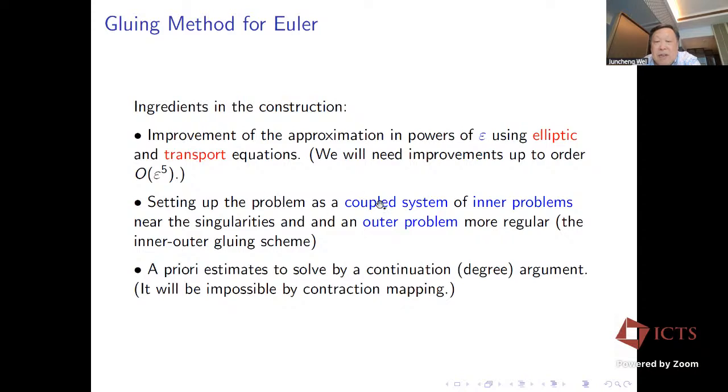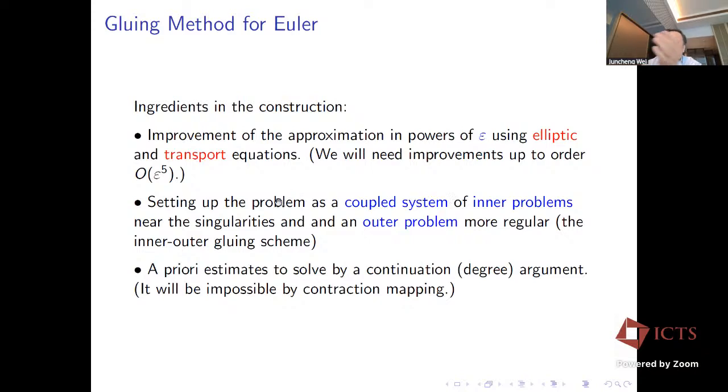The inner problem is also a transport equation, but you can treat it as an elliptic problem. But the outer problem is another transport equation. So how do we do the decoupling of the inner and outer problems?